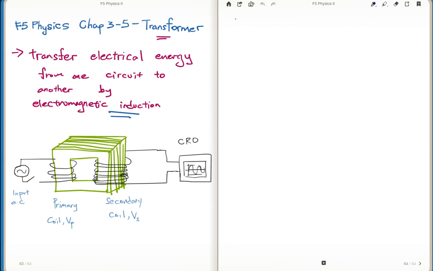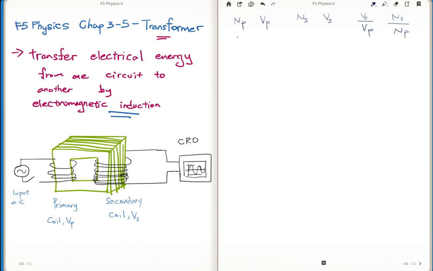So you have the primary coil and the voltage in the primary, and then the secondary coil and the secondary voltage. Then you find the ratio of the secondary voltage over the primary voltage, and of the number of secondary coil turns over the number of primary coil turns.